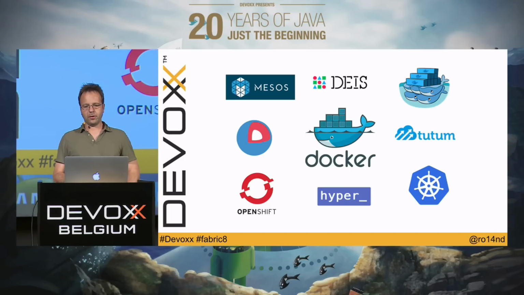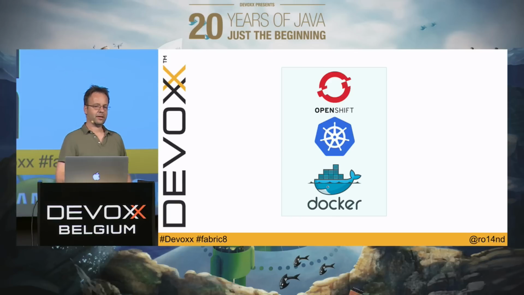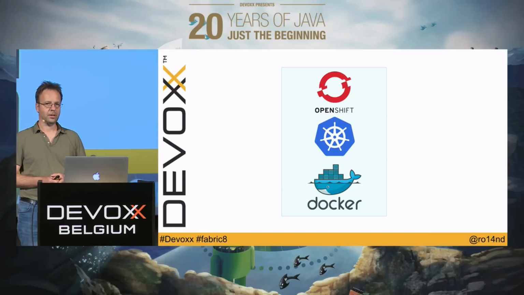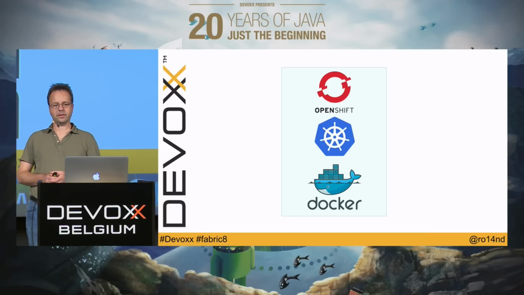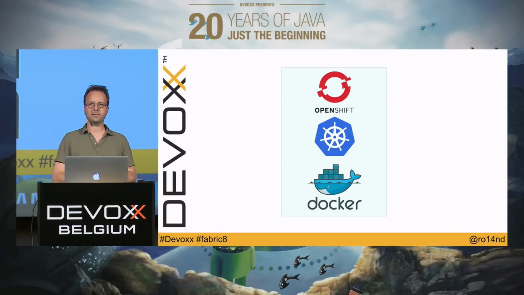In this talk, I'm going to concentrate on a certain stack. This is Docker as the basis, as a container platform, which allows you to operate Linux containers. On top of Docker, there's Kubernetes, which can orchestrate a lot of Docker hosts.